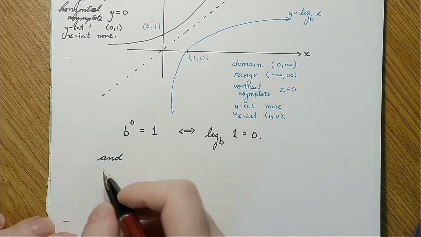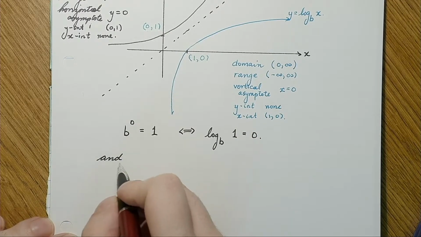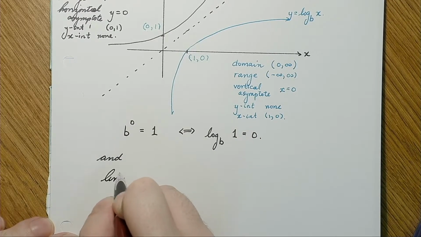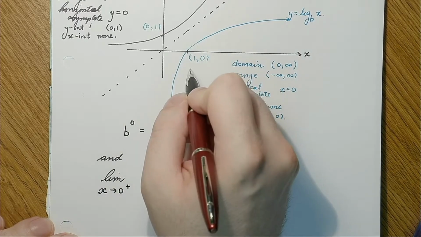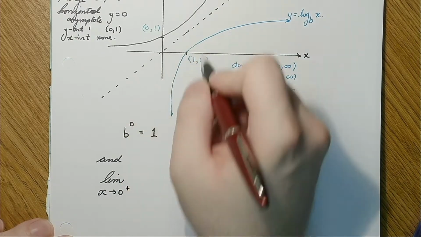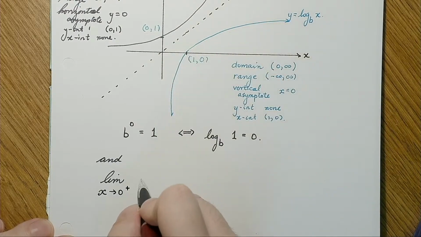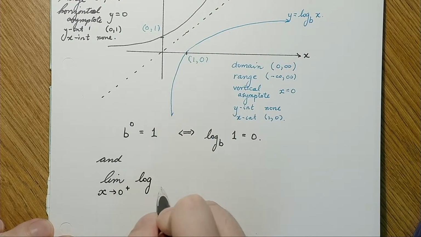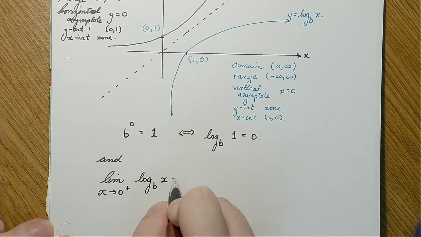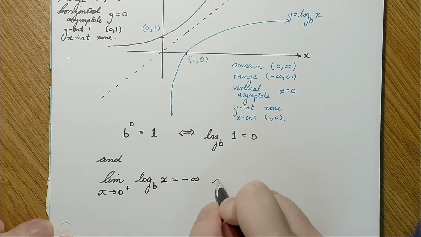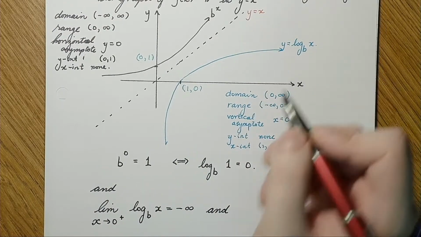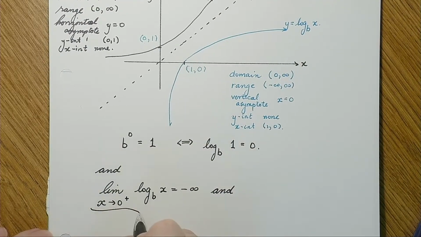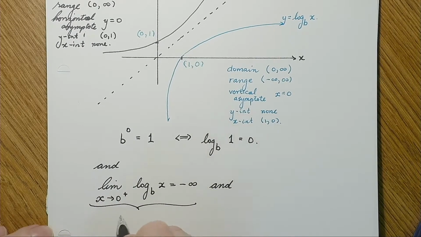So maybe I'll make a little comment here saying that the limit as x goes to 0 from the right-hand side, that's going off to negative infinity. So again, that's kind of implying that this is a vertical asymptote.